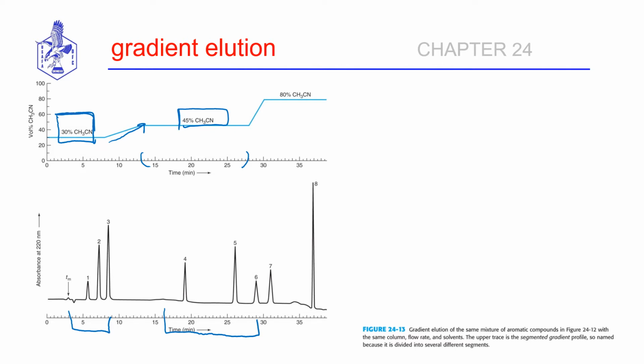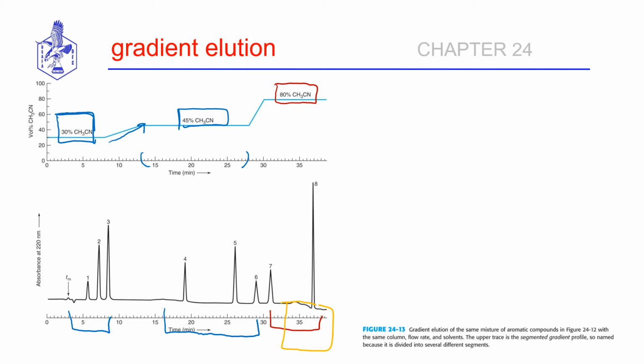And then finally, to get peaks 7 and 8 off, I need to ramp up my composition to 80% acetonitrile. And in doing so, now I get peaks 7 and 8 off with good clean resolution, baseline resolution, and good peak shape. And the critical thing, look at how long it took me to complete the separation.